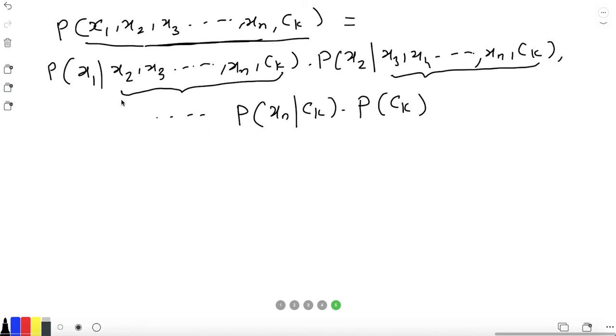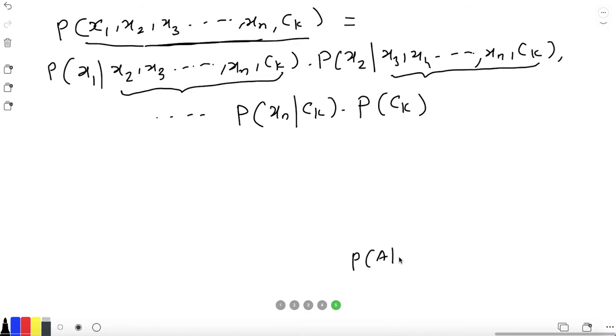Now, how will we solve this? How will we find this? Just to simplify this, let us try to understand what is feature independence, or conditional independence of the features. So let's say we have this conditional probability definition.